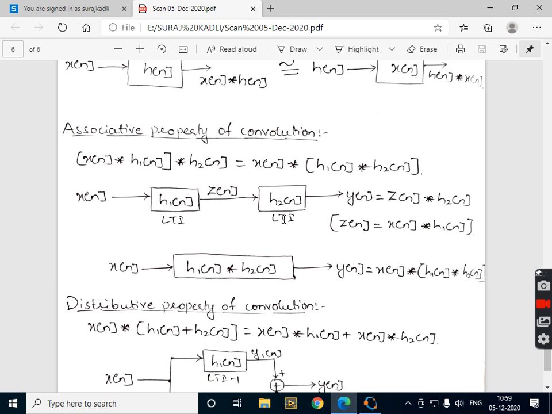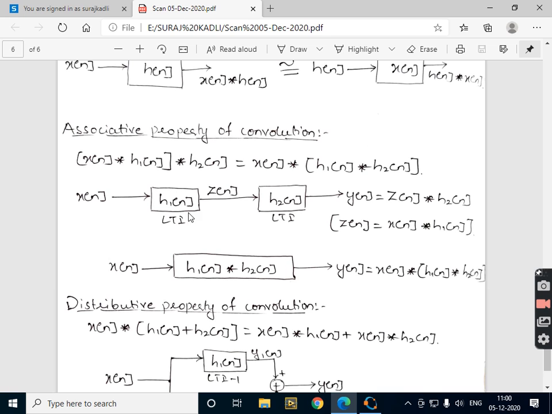Now if we have two linear time invariant systems with impulse responses h1 and h2, and an input x of n, then the output of the first system will be z of n, the convolution between the input and the impulse response h1, which is applied as an input to the second system whose impulse response is h2. Therefore the total output will be x of n convolved with h1 of n, which is in turn convolved with h2 of n, the left hand side of this associative property.